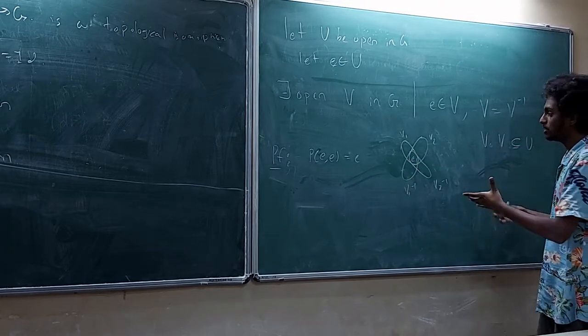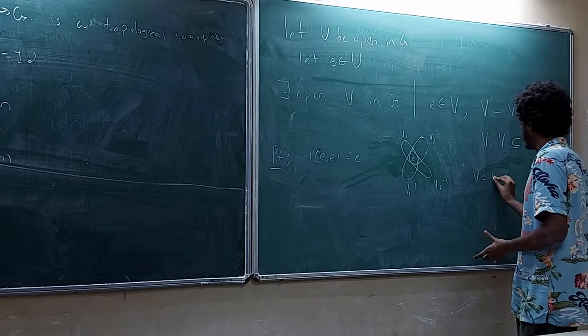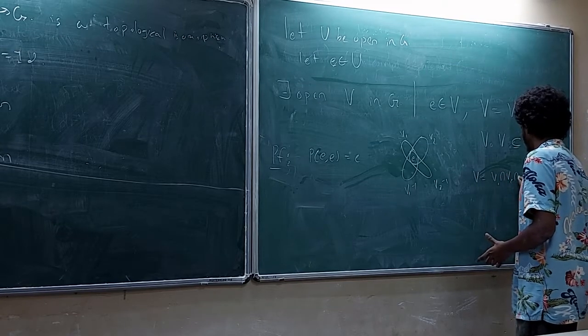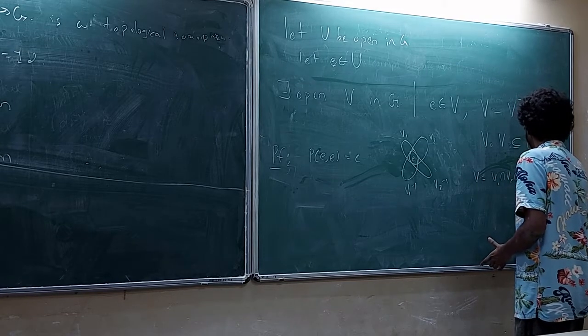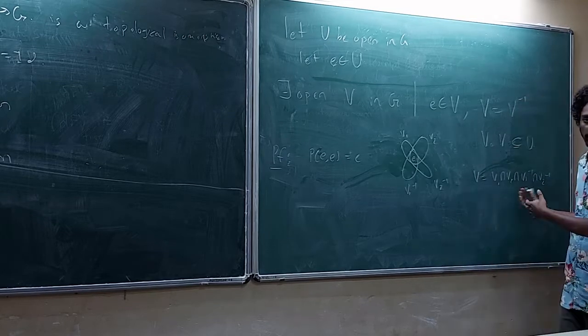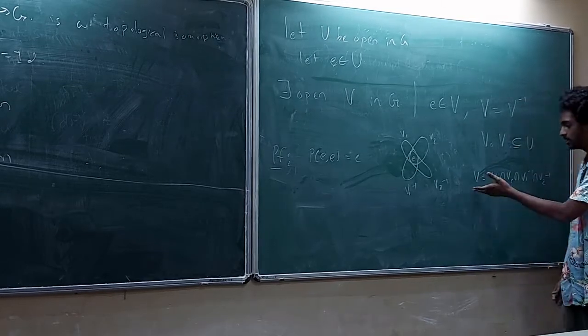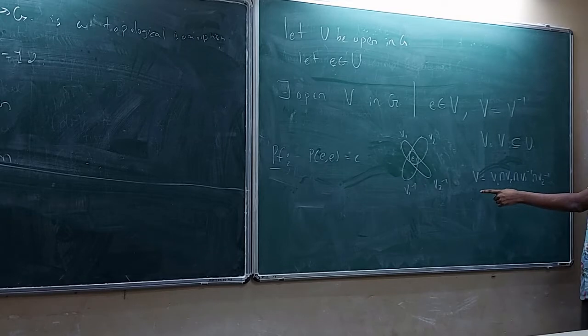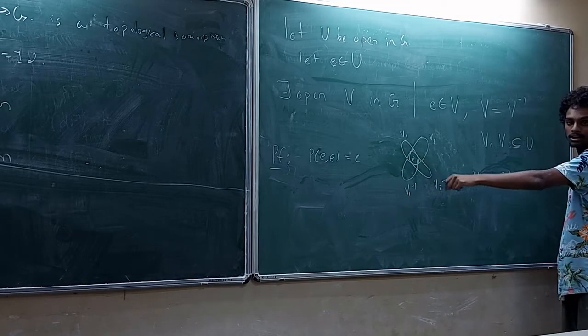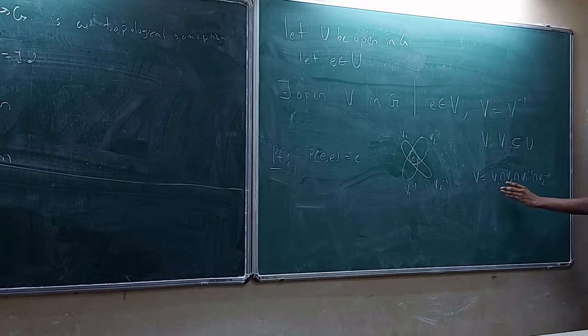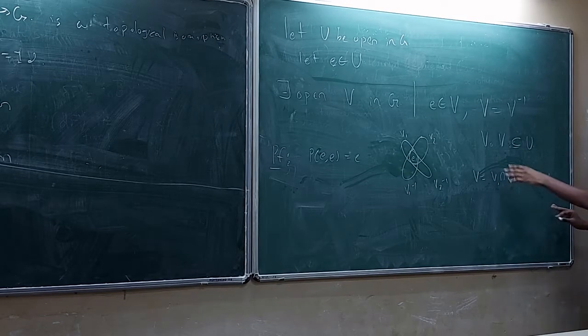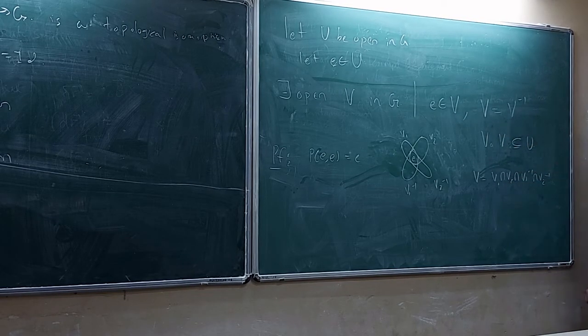So we will do the most natural thing and we will define V to be V1 intersection V2 intersection V1 inverse intersection V2 inverse. Finite intersection. So this still remains an open set, and of course this is non-empty since all of these sets contain E. This is precisely the set that we want because it consists of intersections of open sets with their own inverses. So it will trivially satisfy V equal to V inverse.